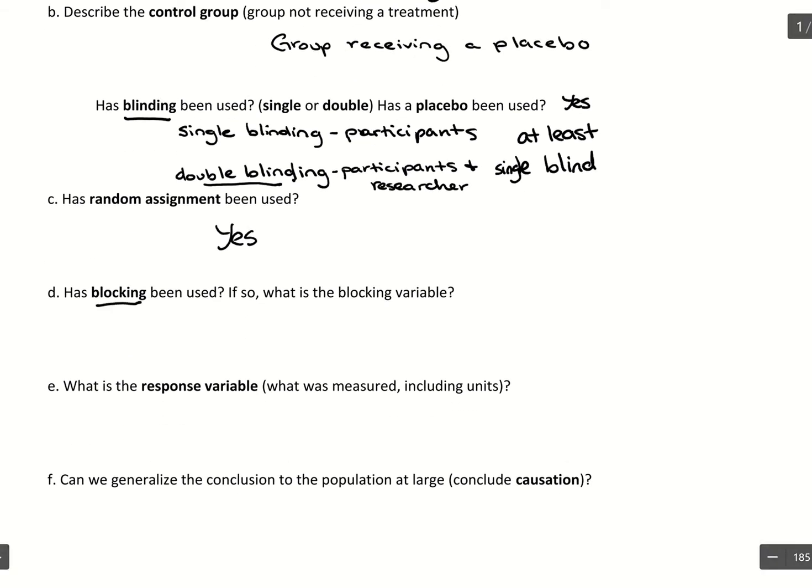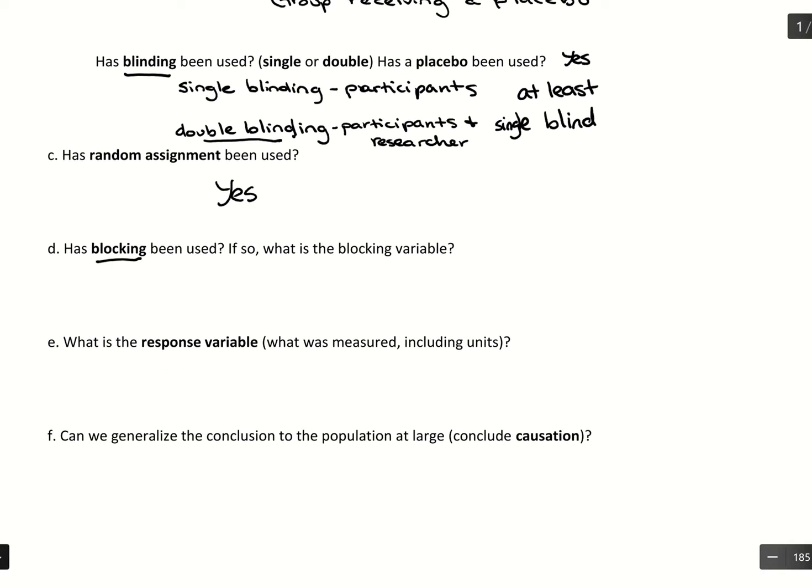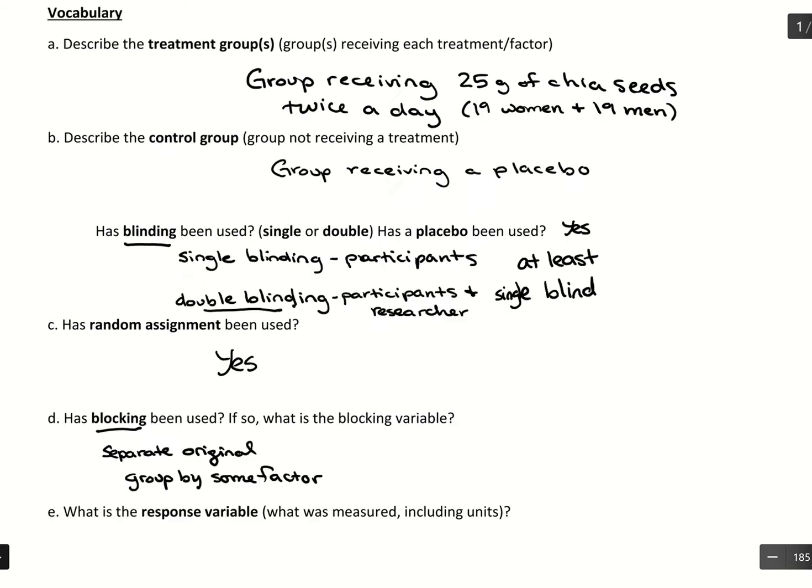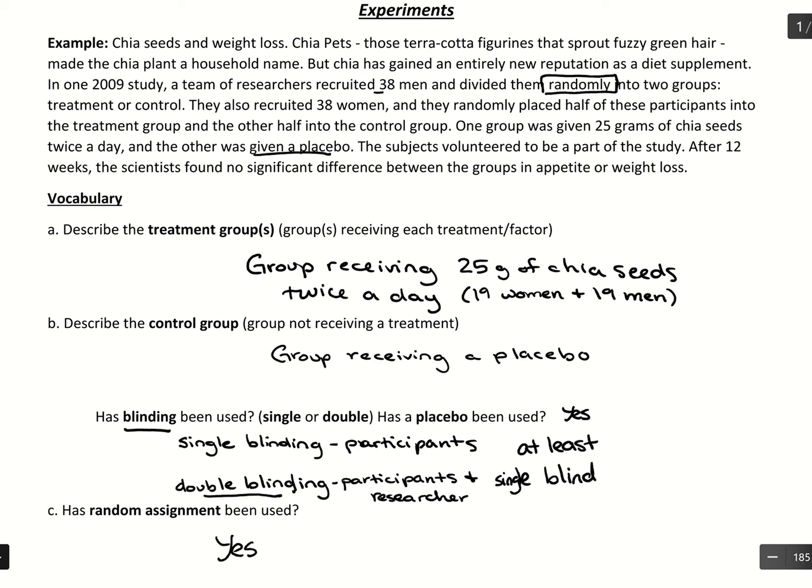Has blocking been used? Blocking is where we separate the original group by some factor. In this case, there was a separation at the beginning in that we talked to 38 men, 38 women, and then from there made the control and treatment group.